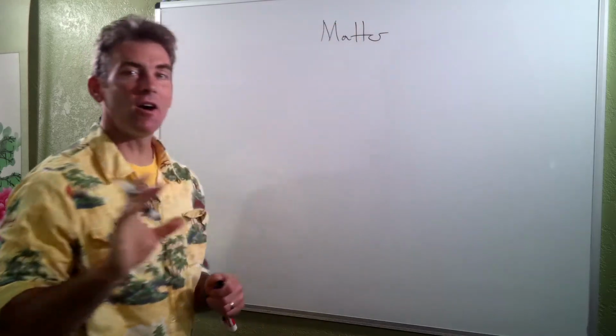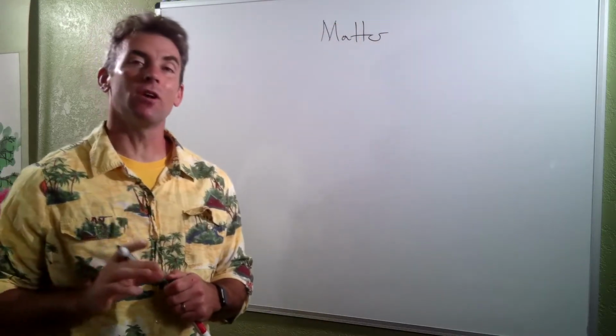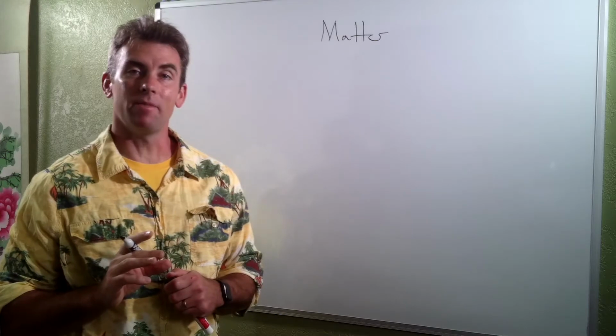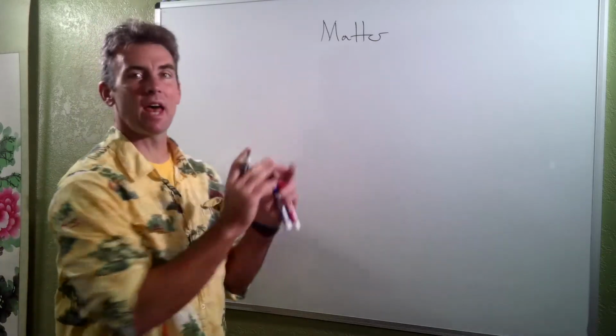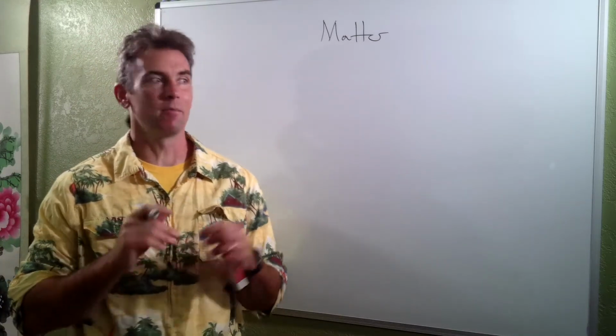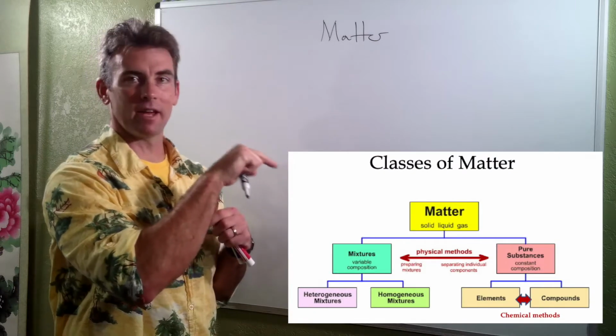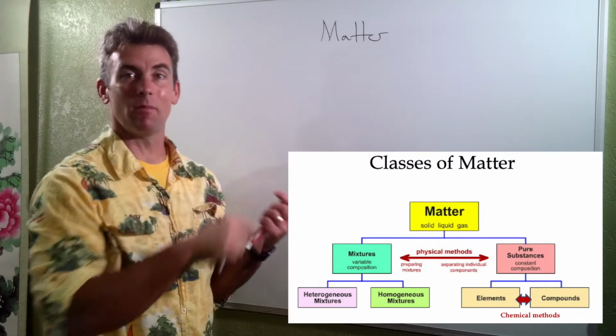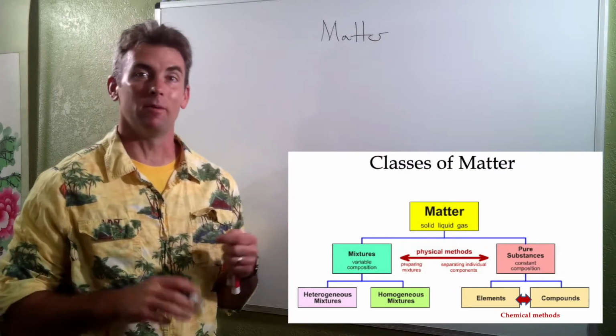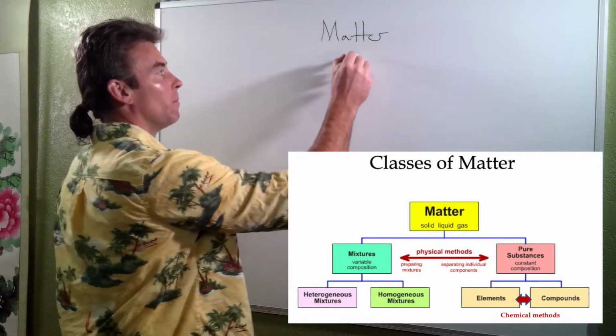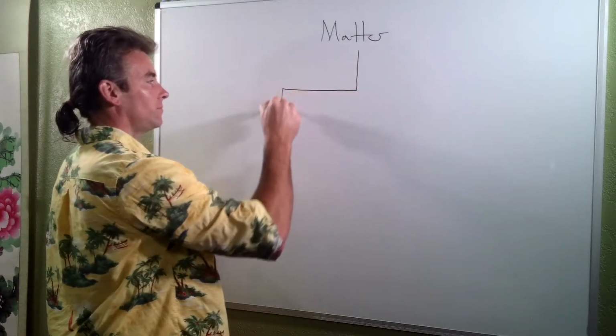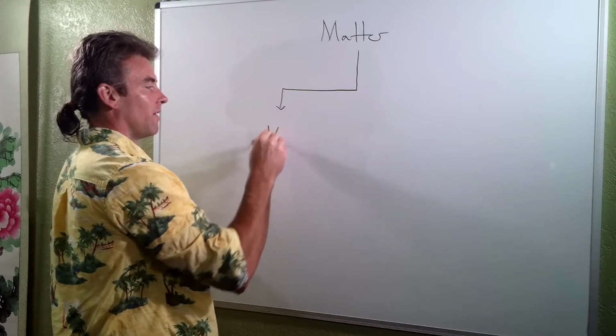It turns out that our sample of matter is a mixture of three different things, right? And so I'm going to reproduce that chart that we saw, and probably I'll put it as a picture in a picture down here just to remind you of what I'm talking about from last week's lecture. But most matter is a mixture.